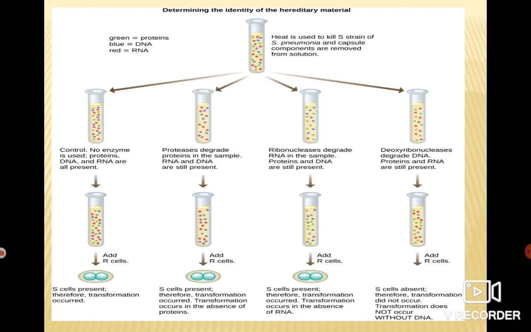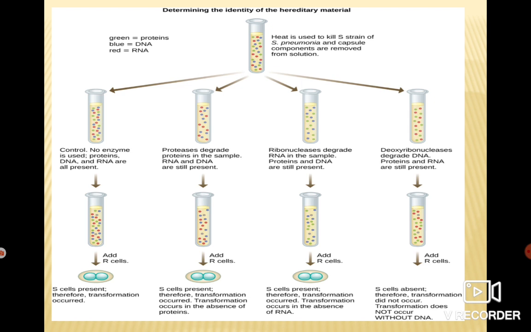See, heat is used to kill S strain of Streptococcus pneumoniae and capsule components are removed from the solution. In the first control, no enzyme and all material present, transformation occurs.